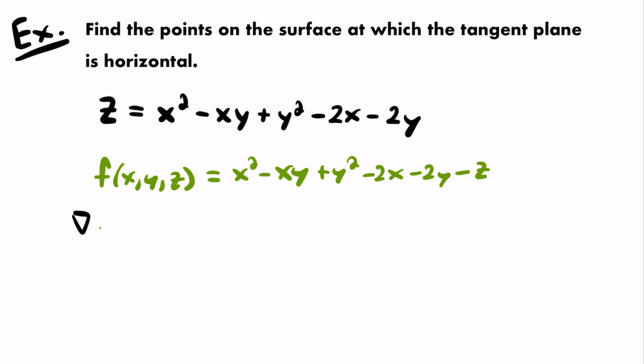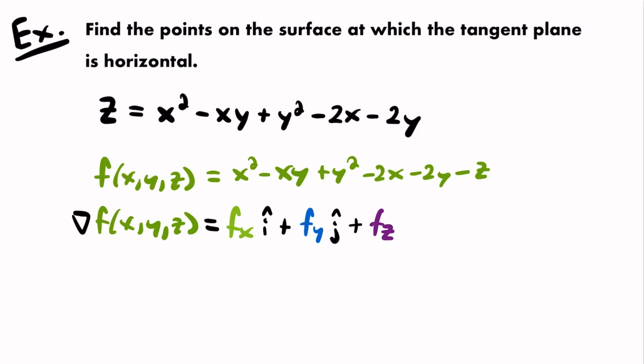The gradient of f of x, y, z will be equal to fx times i plus fy times j plus fz times k. All right, so starting with fx, there are more terms with x in it this time around, so you have to be careful here. Let's go one term at a time. The first one, the derivative of that is 2x.